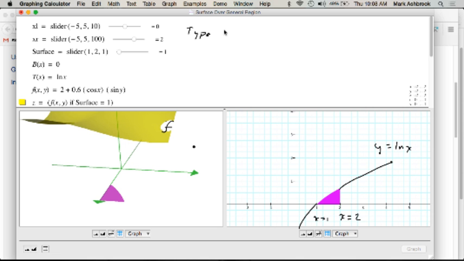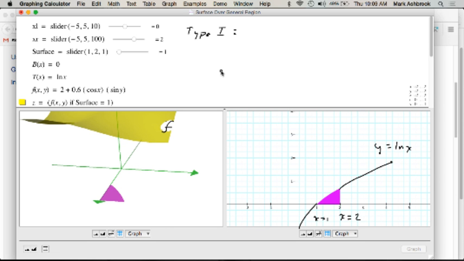So type 1 would be, can you for your notes, can you try writing the type 1 here? Write the type 1 integral for integrating the surface f over this region here.